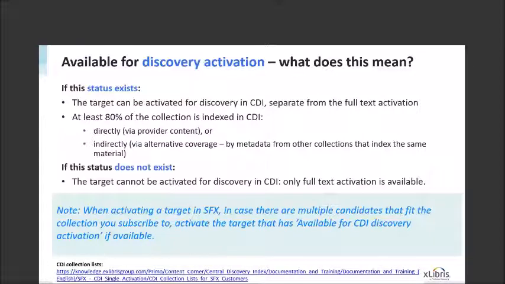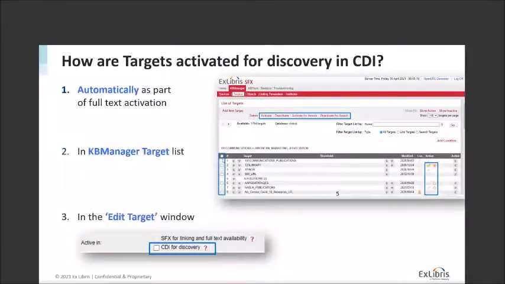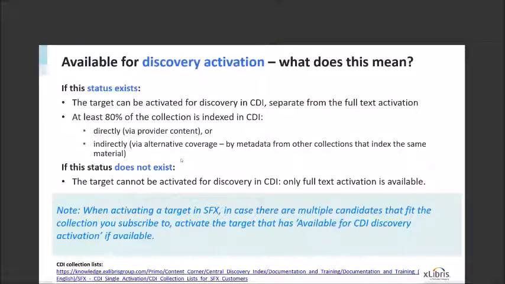Okay, so the next thing I need to talk about is, as I explained earlier, not all of the targets have this orange dot and can be activated for discovery. So what does it mean? If this status exists, if you can activate for discovery, it means that the target can be activated for discovery in CDI, separate from the full text. And it also means that we guarantee that at least 80% of the collection is indexed and can be found in CDI.